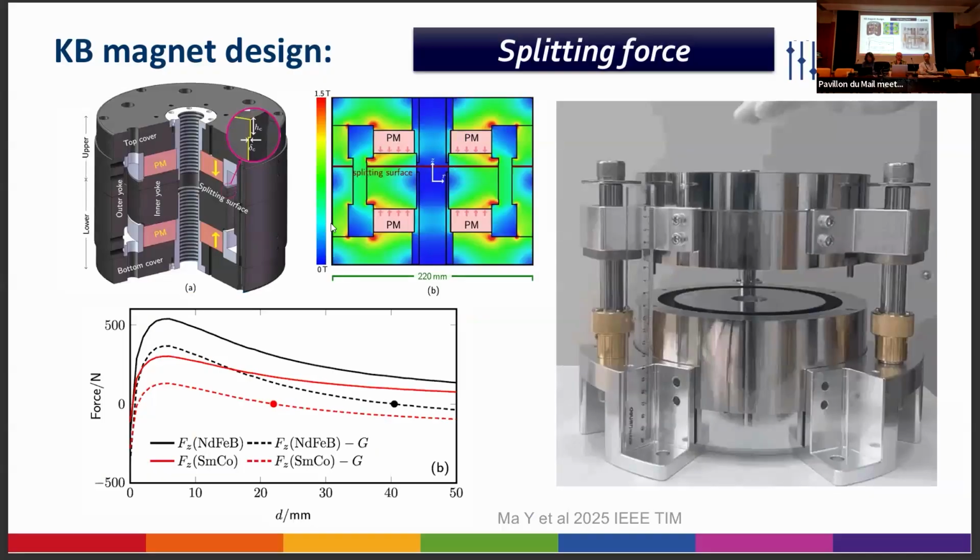I'm not going into too much detail. For the Tsinghua system, we chose a nice splitting plan, and with such a system, when it is closed, the attraction force is a few tens of kilograms. And once it's opened by a millimeter or two, right, it changes the force direction. And then it becomes a really high levitation force for the upper part.